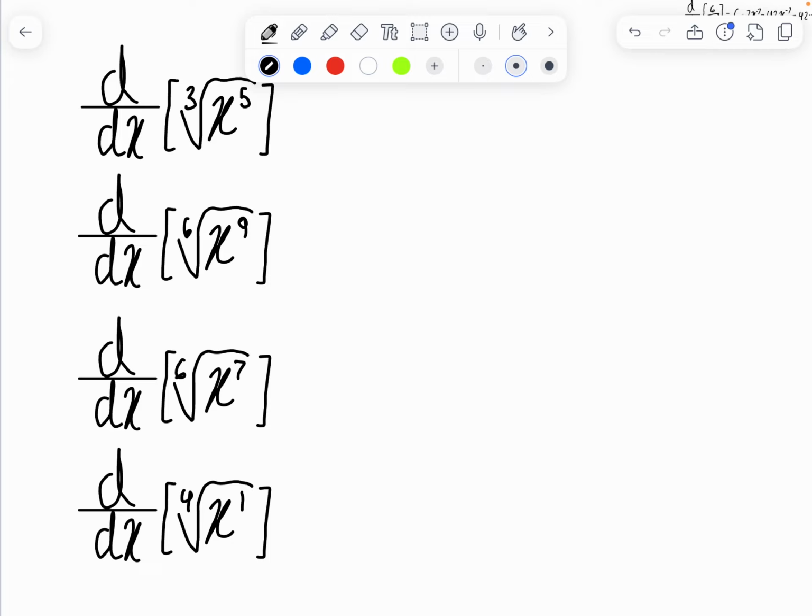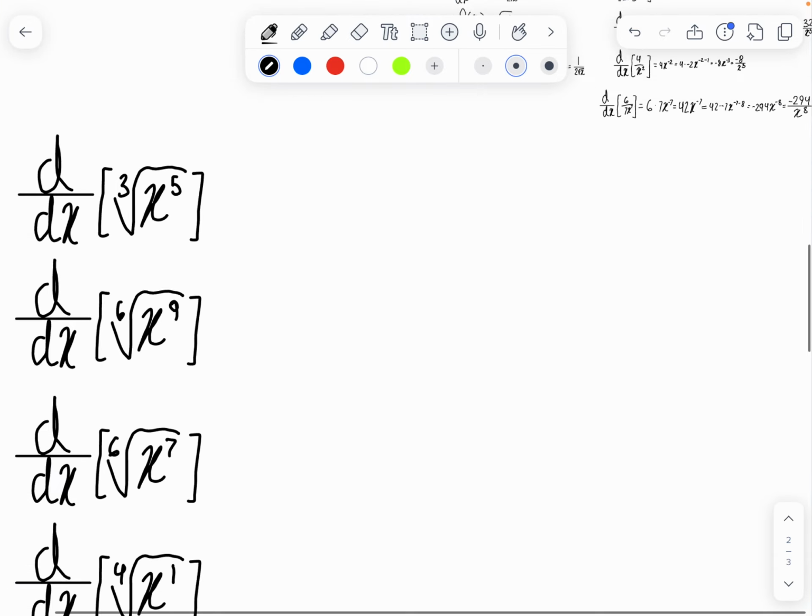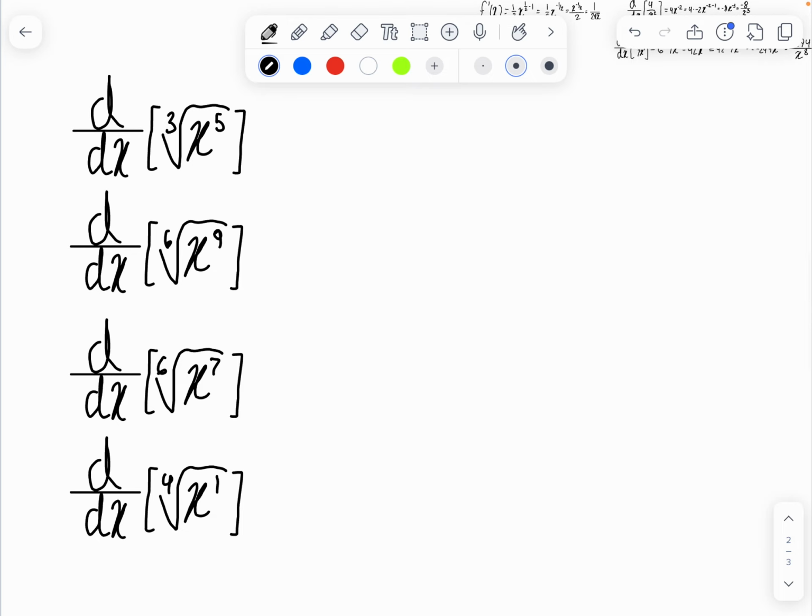Okay. So, there's a formula for finding the derivative of a root, but I always recommend to actually learn how to do it. So yeah.